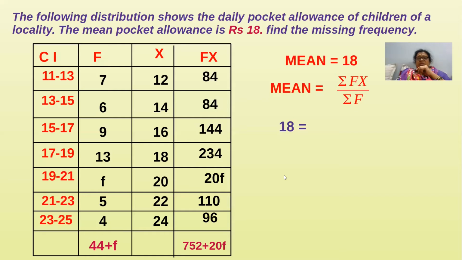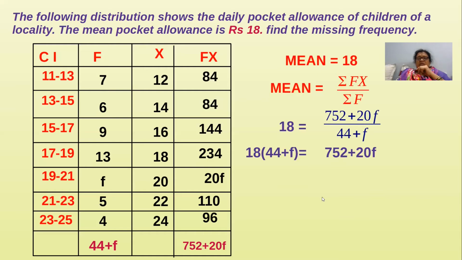As we know, the sigma fx is 752 plus 20f and the sigma f is 44 plus f. We will substitute and now we cross multiply like this, and when we multiply 18 into 44, 792, 18 into f, 18f, and the RHS is like this.